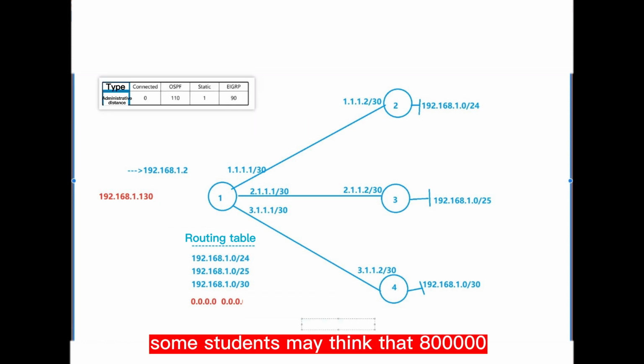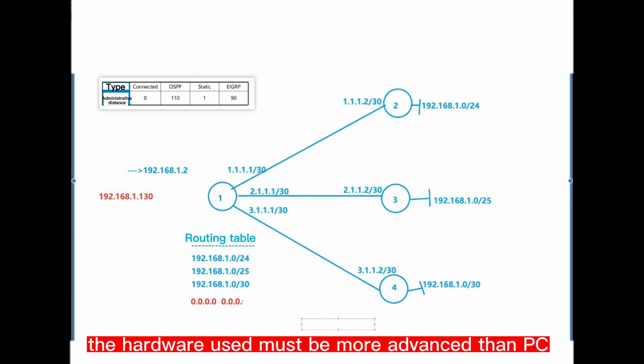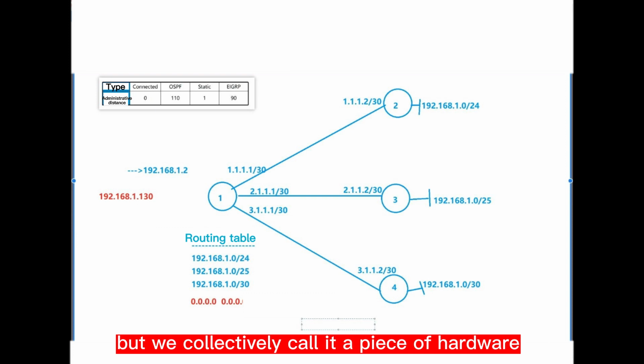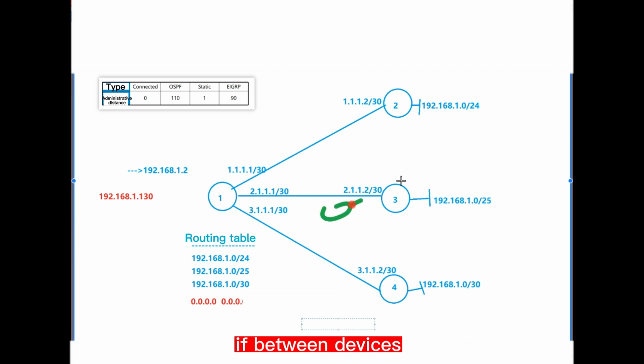Some students may think that 800,000 routes are not too many for routers. Although it is a network device, with hardware more advanced than a PC, we still collectively call it a piece of hardware, and its computing power is also limited. Even if data is sent out, it must be queried locally.